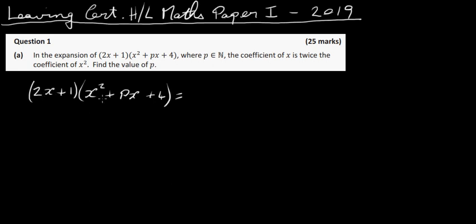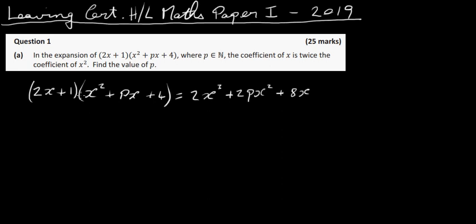We multiply 2x by x squared. We get 2x cubed. Multiply the 2x by the px. First of all it's plus, then it's 2, then it's p, then it's x squared, so 2px squared. Multiply the 2x by the 4, that will give us again a plus, and 2 4s 8x.